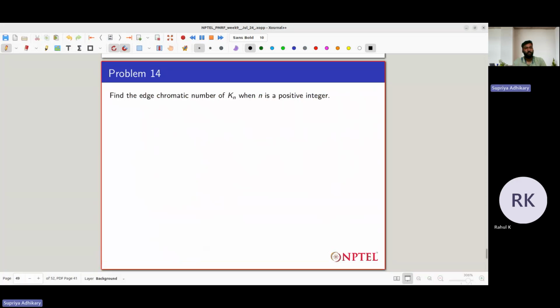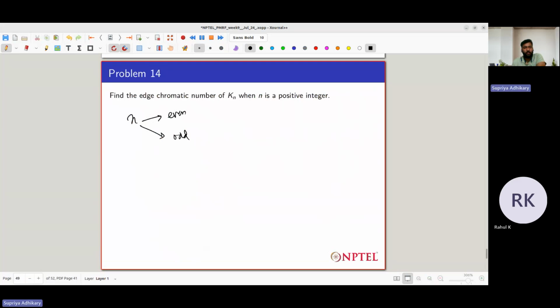Now finally we have problem 14. In problem 14 we have the chromatic index of Kn, where n is a positive integer. We have to find the chromatic index of Kn. So there are two possible cases for n. So n can be either even or odd.